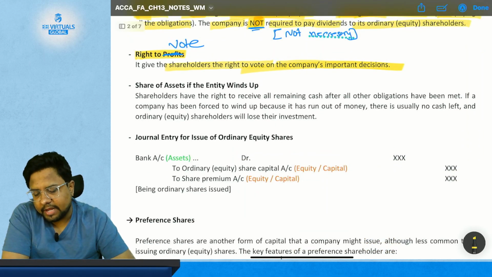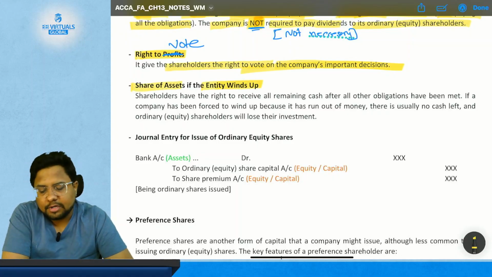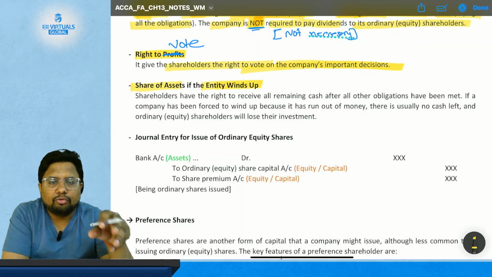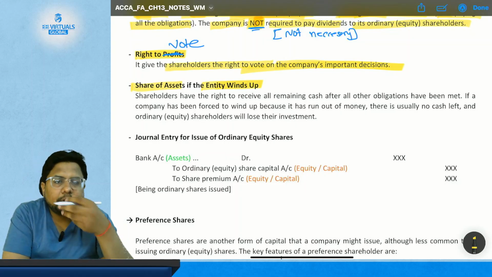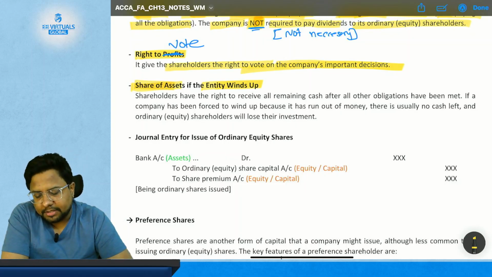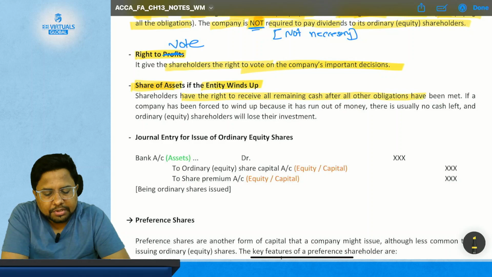Okay. Then we have share of assets if the entity winds up. Wind up means if the entity is going to be closed off, or going to be liquidated. So share of assets. Now shareholders have the right to receive all remaining cash after all the obligations have been met.